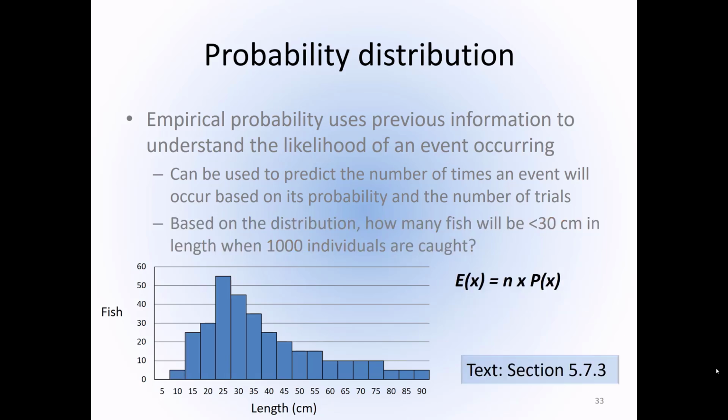Now, again, we're not aiming to answer specific ecological questions here, but just getting an understanding of how to go about using some of these distributions to answer different science questions.